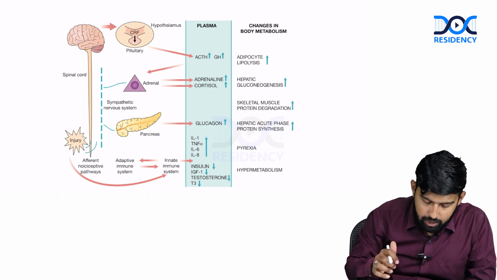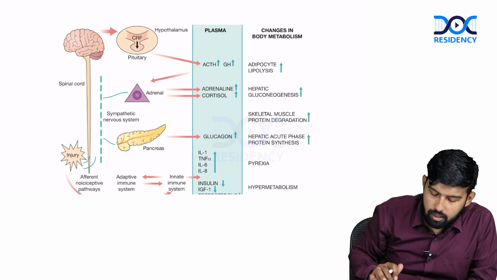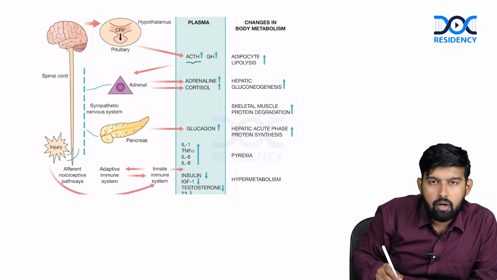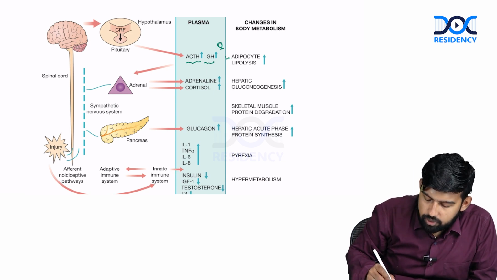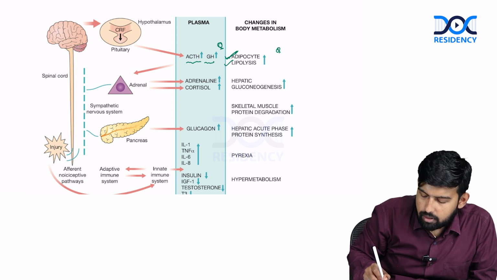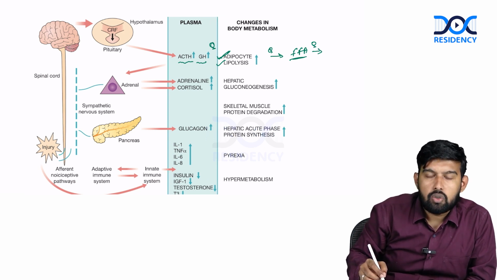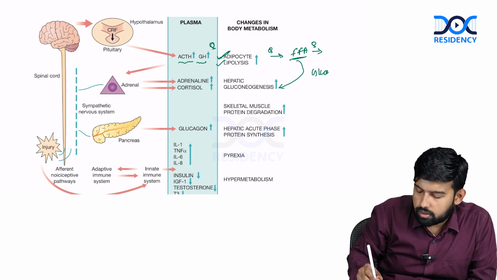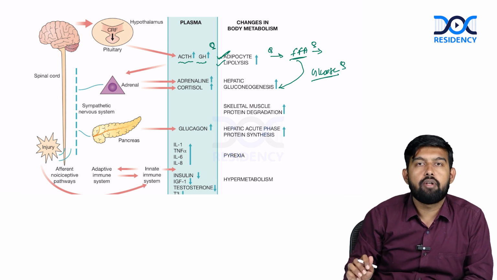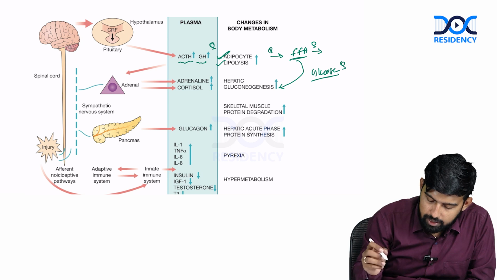Because of the injury, the body tries to increase the ACTH level or growth hormone, which ultimately causes adipocyte lipolysis, which increases the free fatty acids in the body, which are ultimately utilized by hepatic gluconeogenesis to form glucose as a source of energy after trauma, injury or starvation.